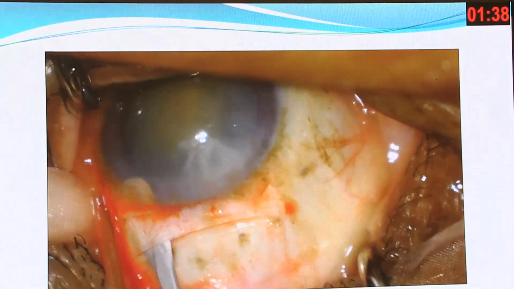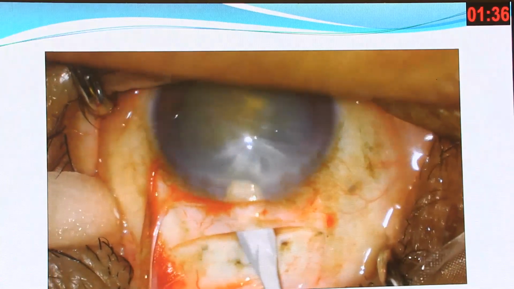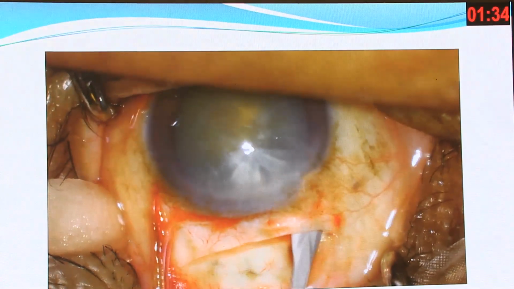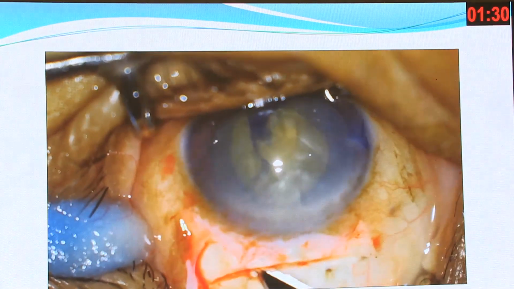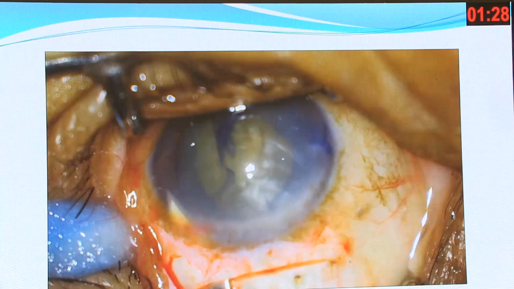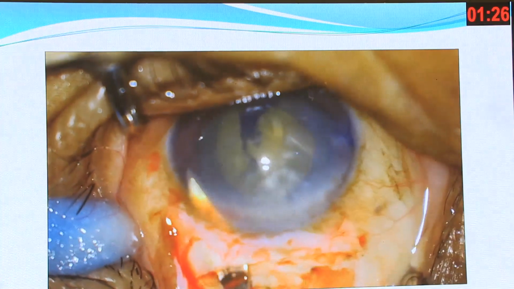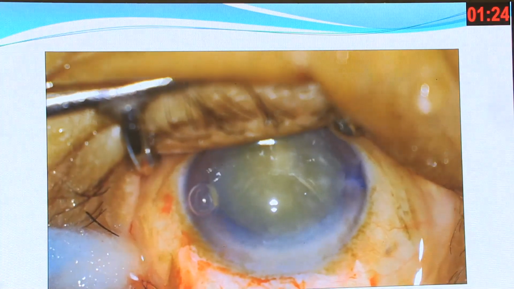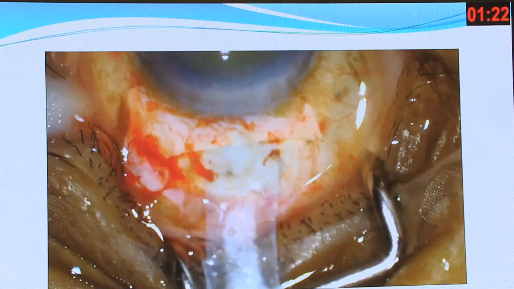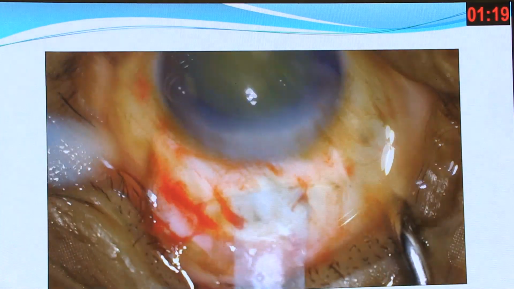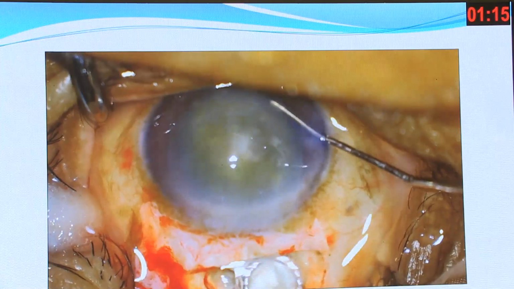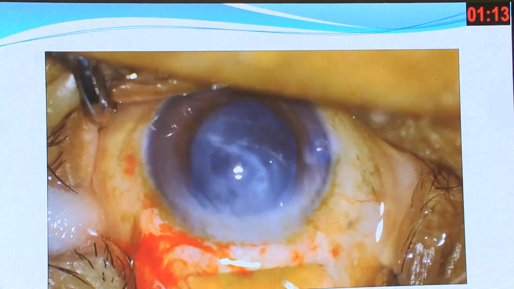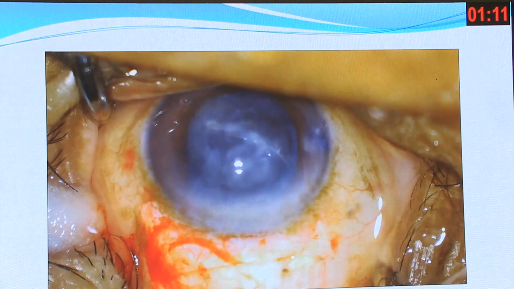Pockets are made on both sides to facilitate the delivery of the nucleus. The anterior chamber is entered, and there is easy delivery of the lens.